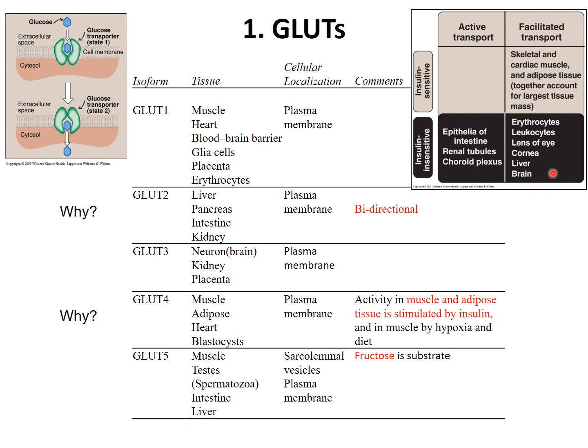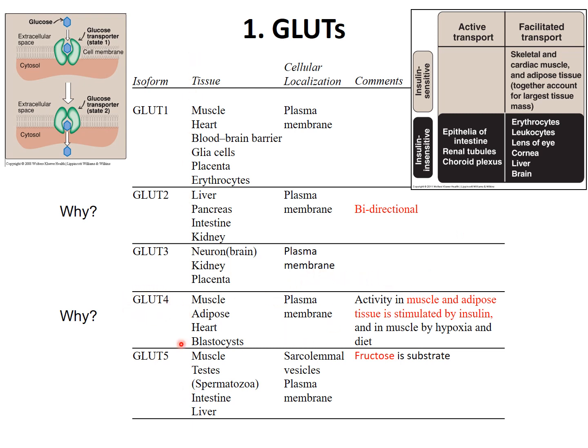Now, fast forward, insulin has no receptors on many cells of ours, but has insulin receptors in muscle cells, adipose, and liver cells. So this is what you see in GLUT4.